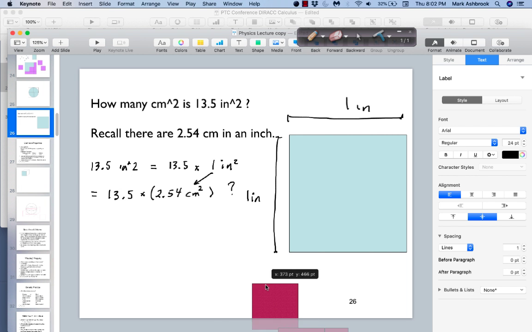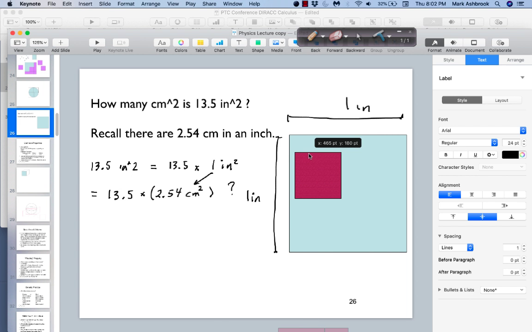So now down here I've got, this is a centimeter square. So that's a centimeter square right there. So we know that along this edge, there'd be 2.54 centimeters that would make up that 1 inch. Does that mean there's 2.54 centimeter squares in 1 inch square?